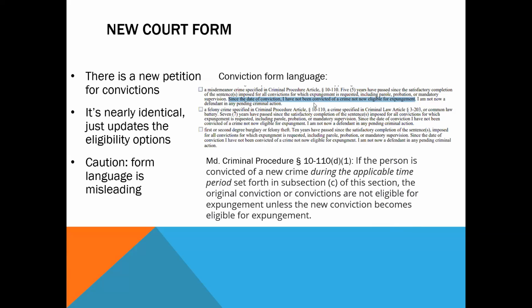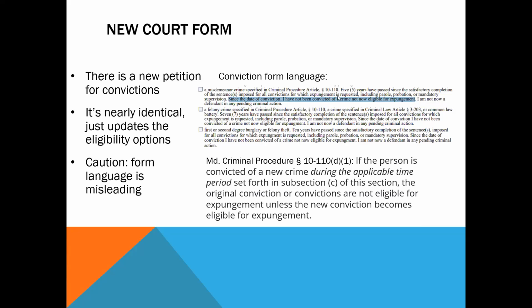Meaning, according to the language of this form, if someone had a conviction in maybe 1980, and then another conviction in 2020, that form would call that a subsequent conviction, even though they were 40 years apart. And that's incorrect. So you can't base your interpretation on the form when you're filling it out.